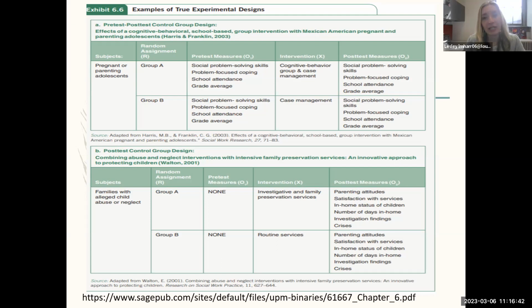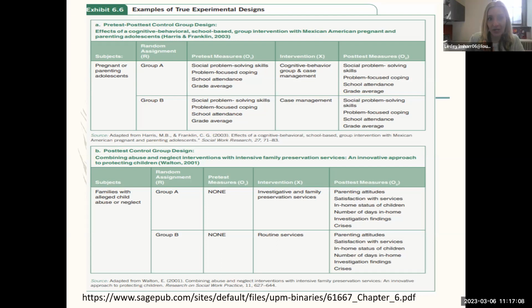And then we are going to engage in post-test measures, asking how these two groups compare to each other in terms of social problem solving, problem-focused coping, school attendance, and grade point average. So this is how you lay out a group research design when you're engaging in randomization, intervention, pre-test, post-test. Very simple.